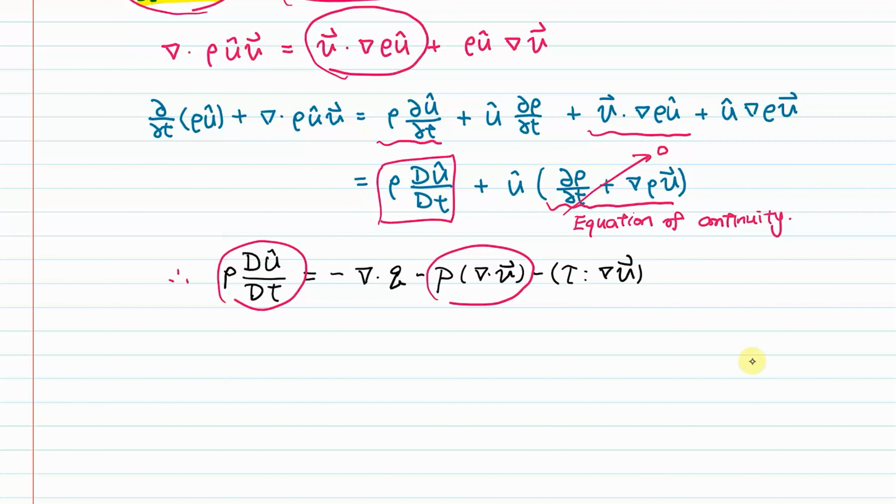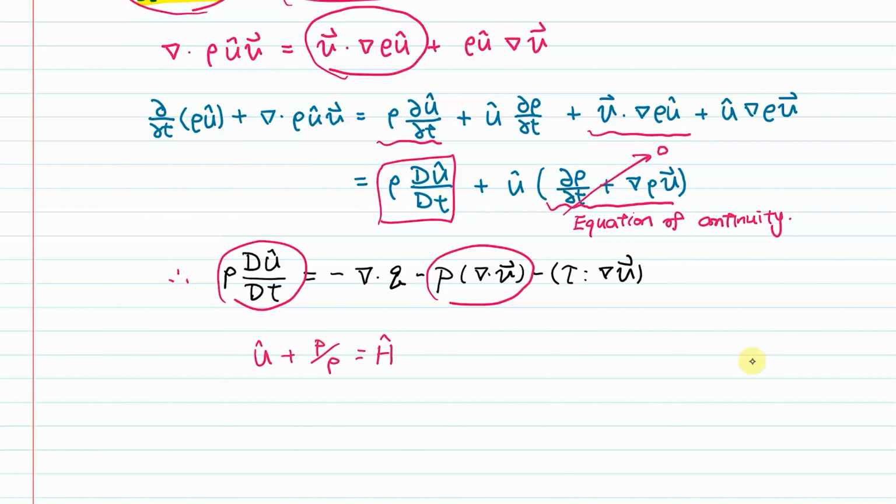You know from thermodynamics that the internal energy per volume plus the PV work per volume, which is exactly P over rho, equals the enthalpy per unit volume, H cap.